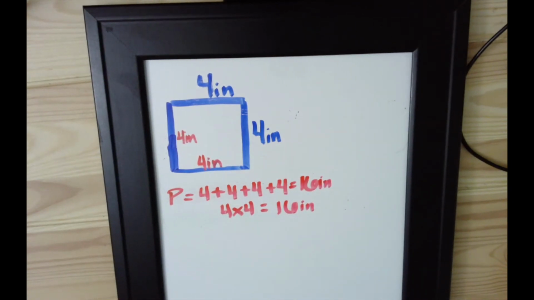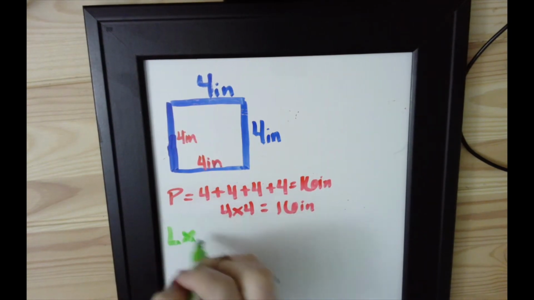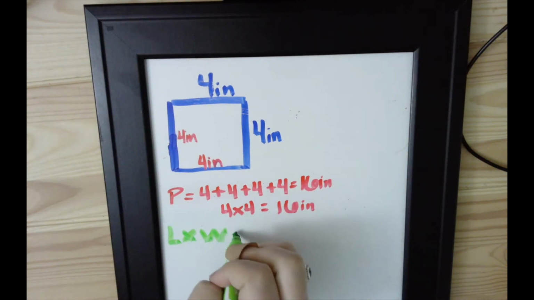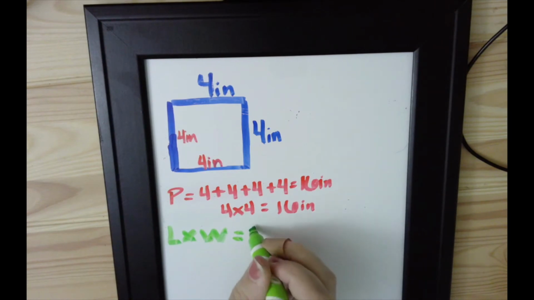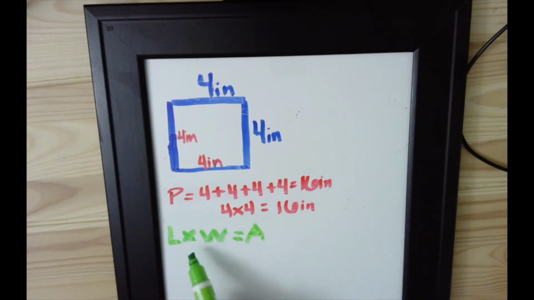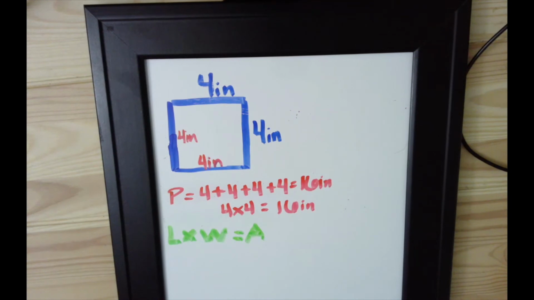Now for area, we have to use the square and rectangle area formula, which is length times width equals our area. Now we plug in our length and our width. We can go back to those two dimensions that were given at the beginning.